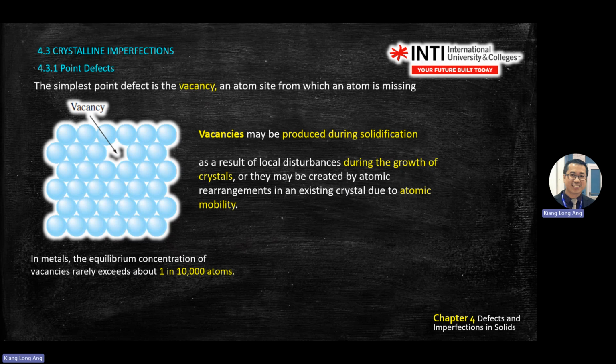It's about 1 in 10,000 atoms. Very rare in metals. Then to form one vacancy, the energy required is 1 eV, 1 electron volt, to take one atom out.